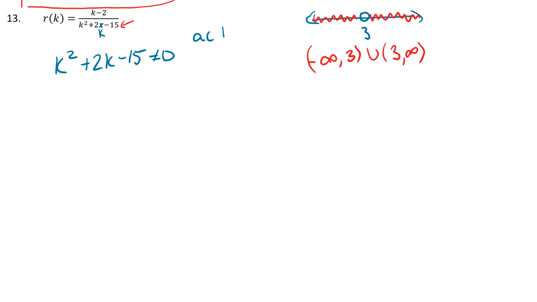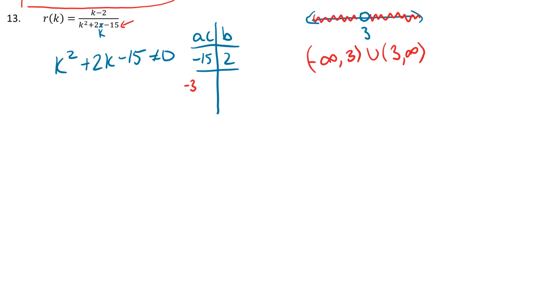Alright, so if you remember split B, we have AC and B. So AC is negative 15, B is 2. So we need factors of negative 15 that add up to 2.